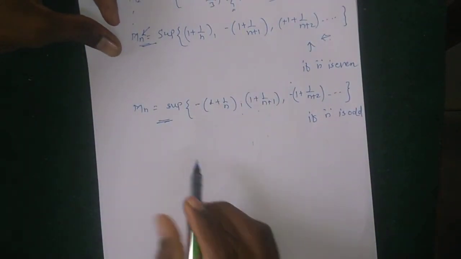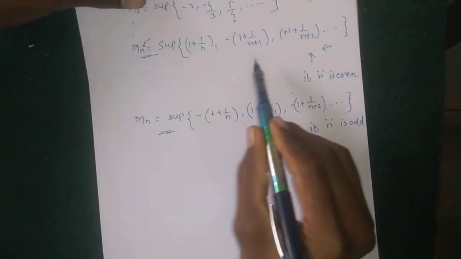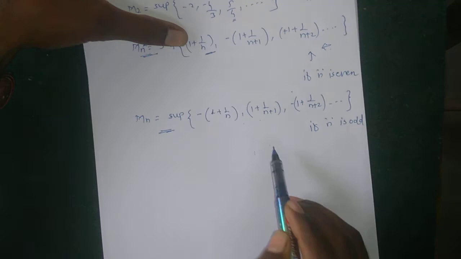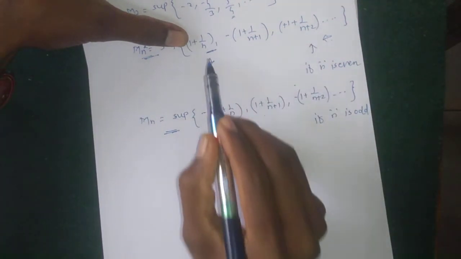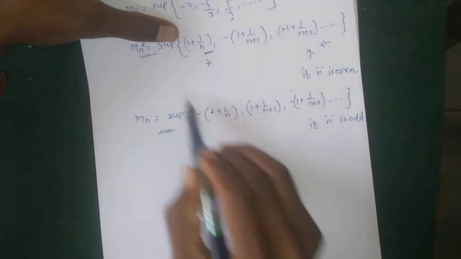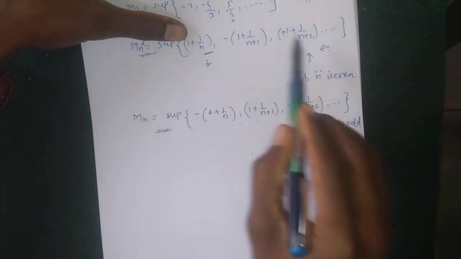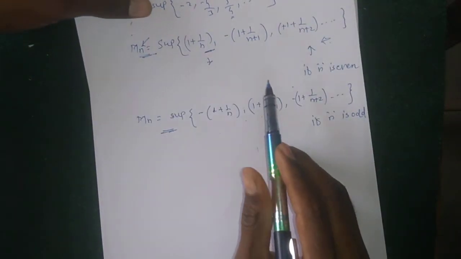Mn must be 1 plus 1 upon n, because this value is the highest value of all these elements.